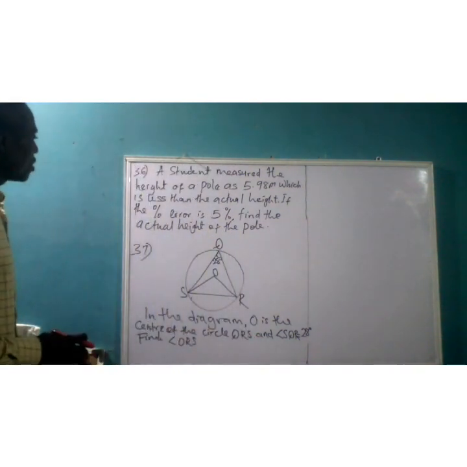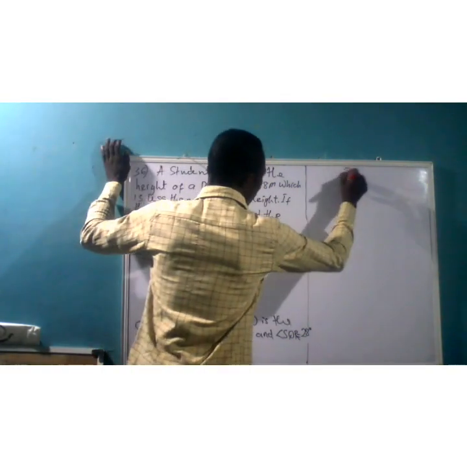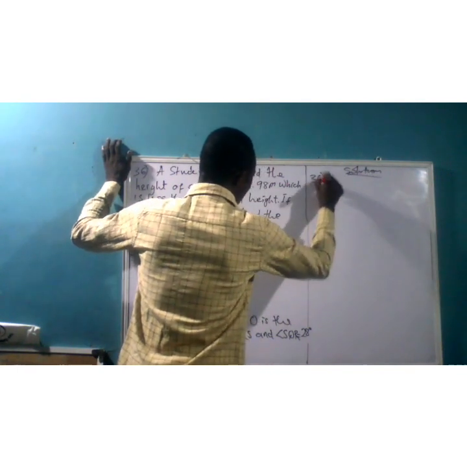A student measured the height of a pole as 5.98 meters, which is less than the actual height. If the percentage error is 5%, find the actual height of the pole. Solution. 36.